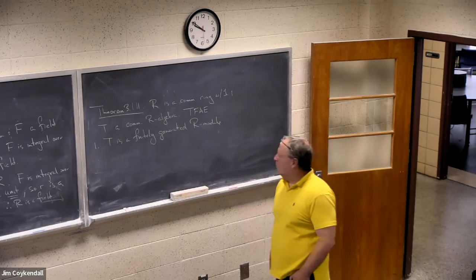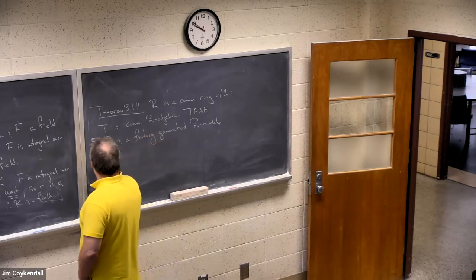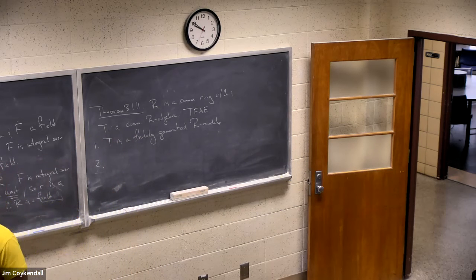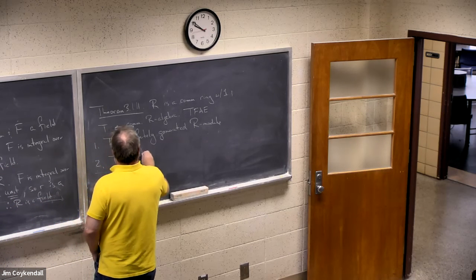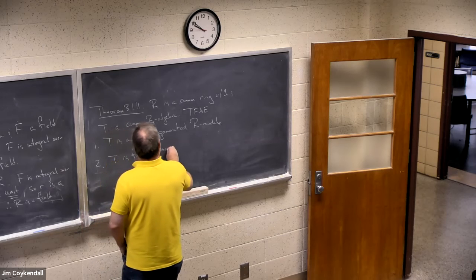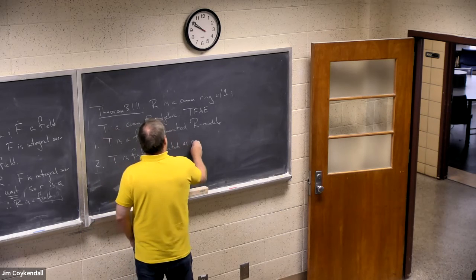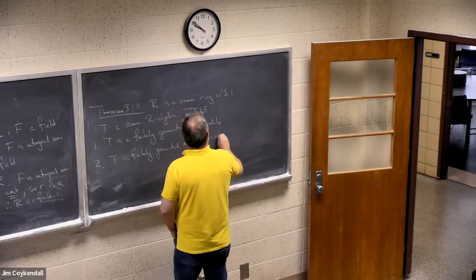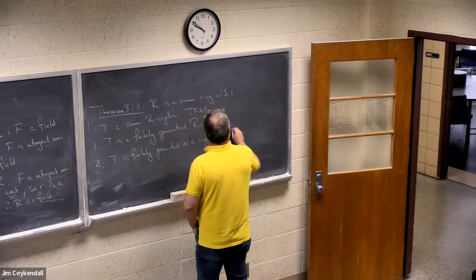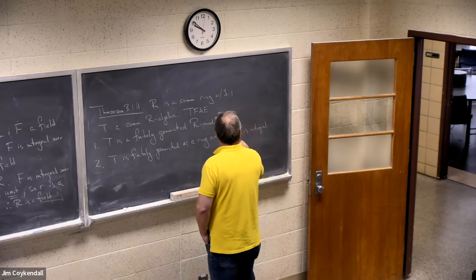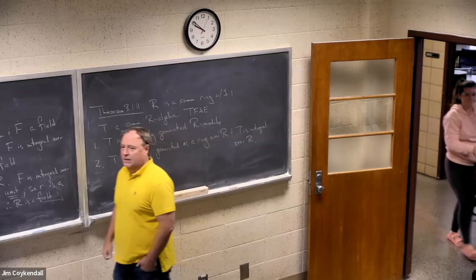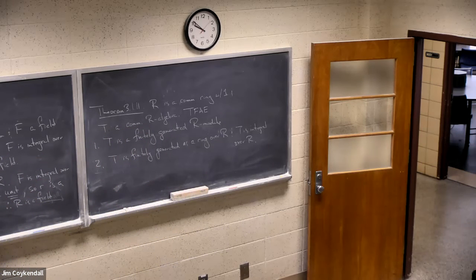This is equivalent to saying that T is finitely generated as a ring over R and T is integral over R. So T is finitely generated as a ring, and it is also integral over R. Okay.